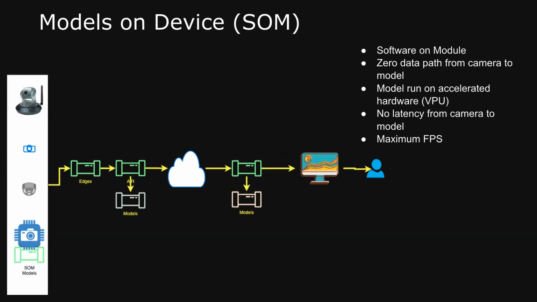And finally, to reduce the data path to zero, models can actually run on the device itself, in what we call the software on module. There is no latency from the camera to the model.